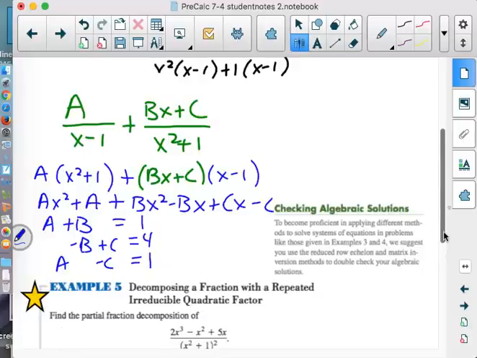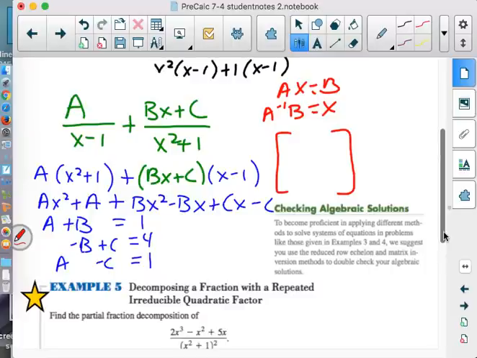So this one, there's so many ways to do this one algebraically too. Does everybody see it? You could just use those two together. You could use substitution. There's all kinds of things. But like I said, I want to do at least one inverse matrix thing with you again today. So with the inverse matrices, we say AX equals B, then A inverse times B will give us our answer. So we're going to use a coefficient matrix, which means just the A's, B's, and C's.